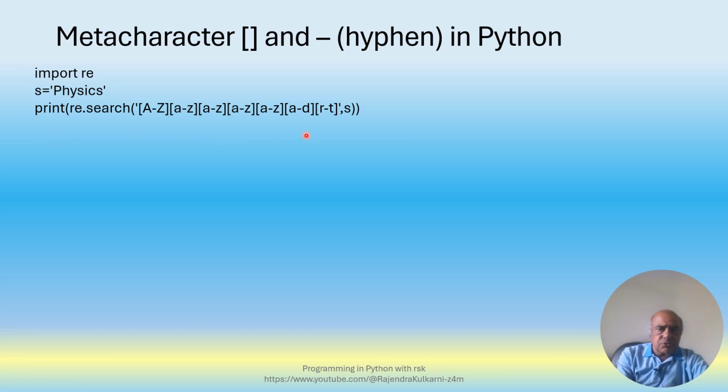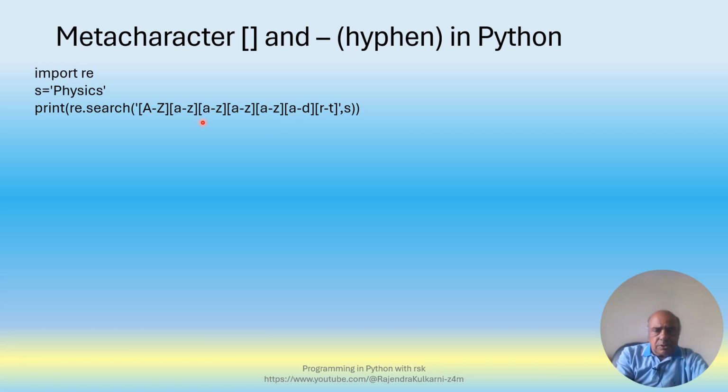What it is actually doing is finding and matching in string S the first character as any character which is in capitals. Then these 1, 2, 3 and 4 are any character between a and z which is in small cap. Then next is any character between a and d, and any character between r and t.